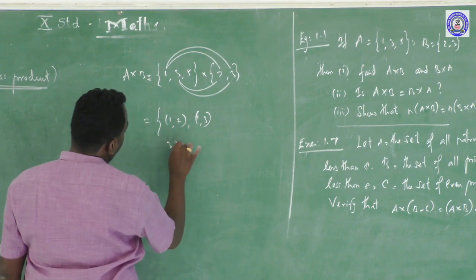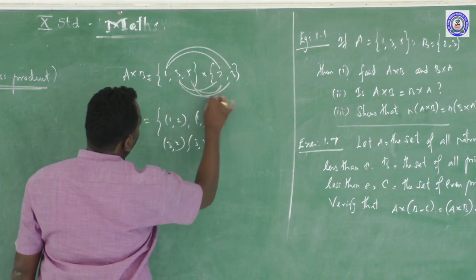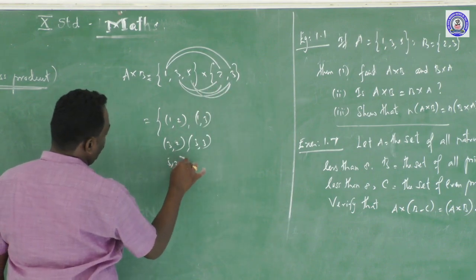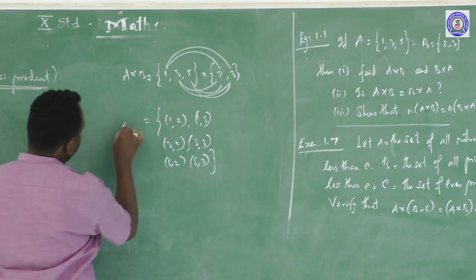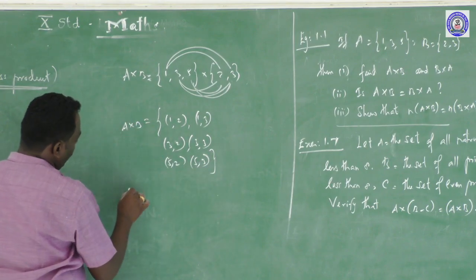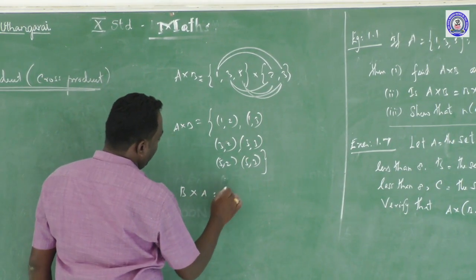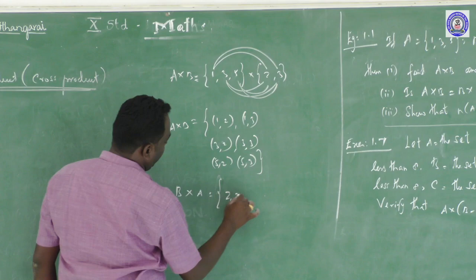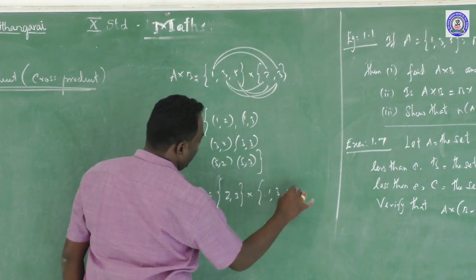Then 5: (5, 2) and (5, 3). That is A cross B. Now find B cross A. B is the set 2, 3, and A is 1, 3, 5.